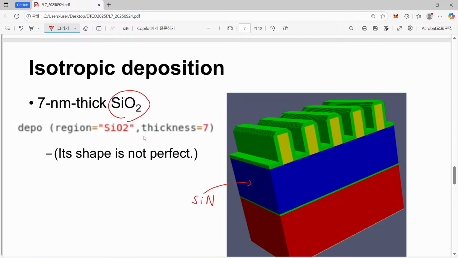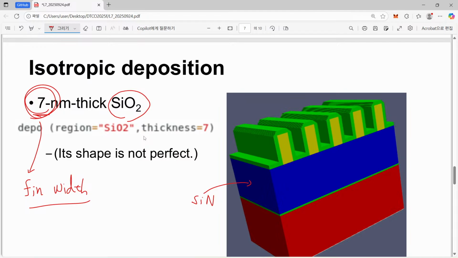Virtually no etching happens. And the important number here is 7 nanometer. You can find that this 7 corresponds to the desired fin width. So deposition thickness corresponds to our desired fin thickness.